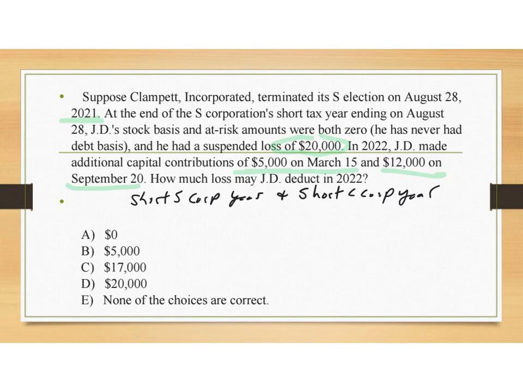Now, it's important to recognize that in 2022, Clampett is not an S corporation any longer. Clampett is a C corporation, okay?